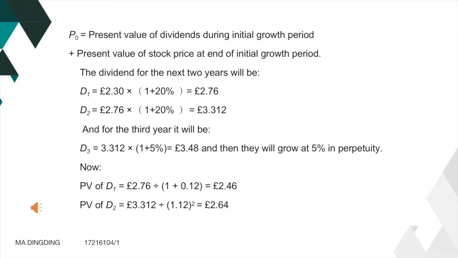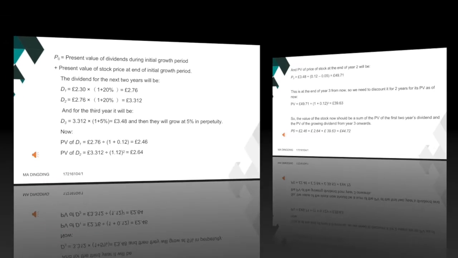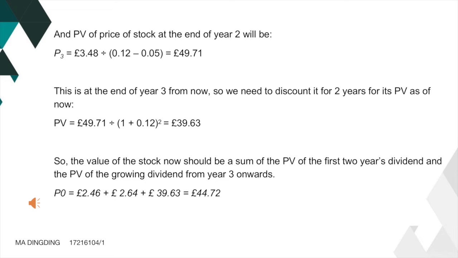So PV of D1 is equal to 2.76 divided by 1 plus 0.12, which is 2.46. PV of D2 is equal to 3.312 divided by 1.12 squared, which is 2.64. And the price of the stock at the end of year 2 will be P2 is equal to 3.48 divided by 0.12 minus 0.05, which is 49.71.